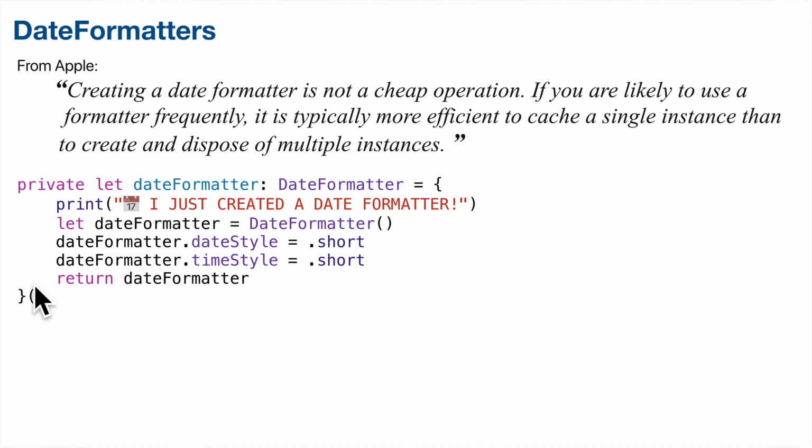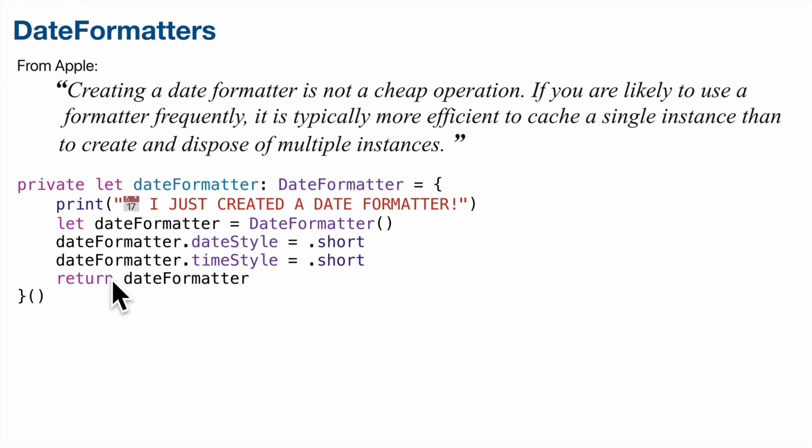In this case, we're going to return a value. So it's almost like having a function that's used to initialize this value. The parentheses at the end say, hey, go ahead and return this value. The value that we're returning is not only the blank date formatter, but we're also configuring it as well. So Swift allows us to do this, to perform several different statements, to set up a value, and then return it. Private means it can just be used inside of the class file where it was created.